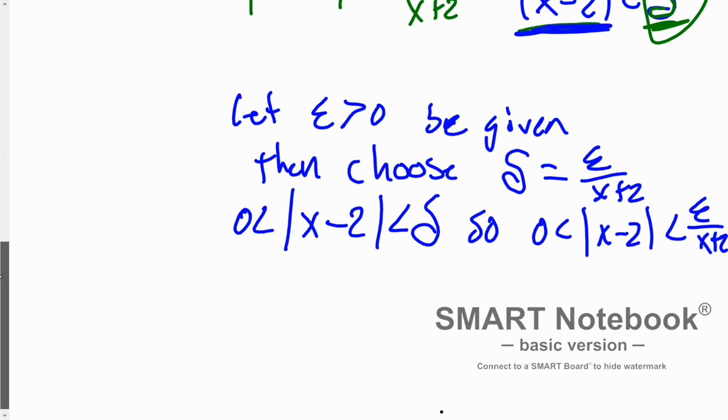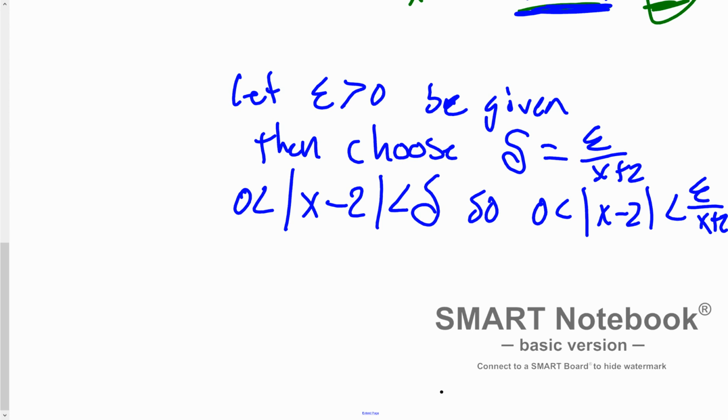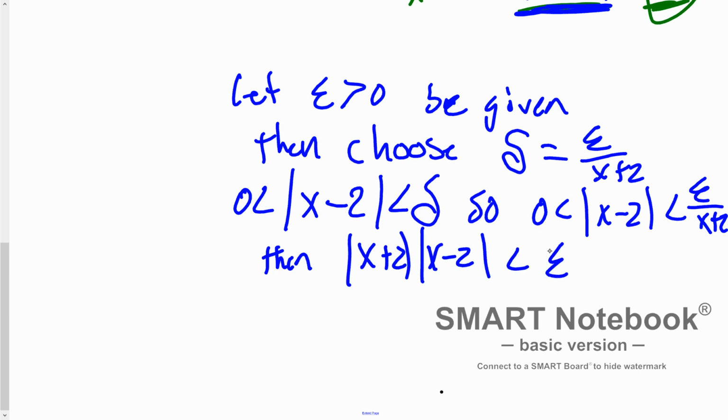Now we can multiply both sides by x plus 2. Then x plus 2 times x minus 2 is less than epsilon. And then 0 is less than that. Put that in there. Then we can go ahead and multiply those. So x squared minus 4 is less than epsilon.